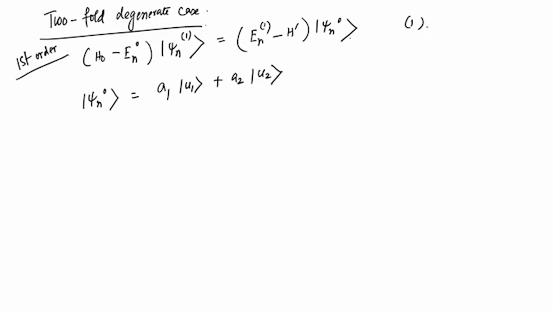These u1 and u2 are the degenerate states. That means they are distinct, not equal to each other, and neither are they linearly dependent. So they are linearly independent and orthonormal, and they form the basis. These two are the degenerate states, and they correspond to the same energy.